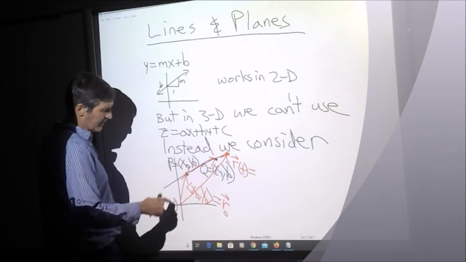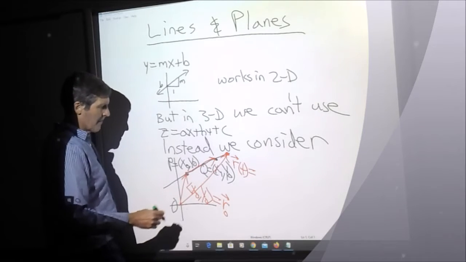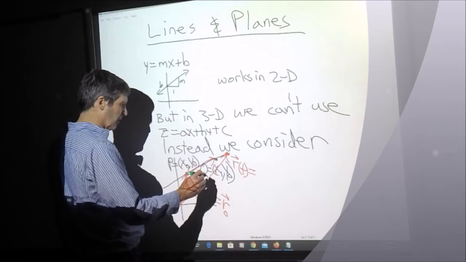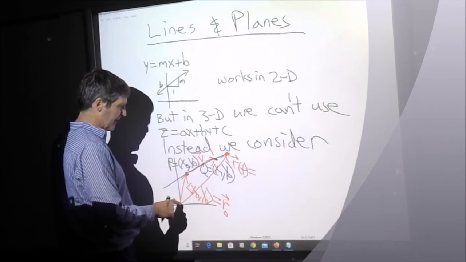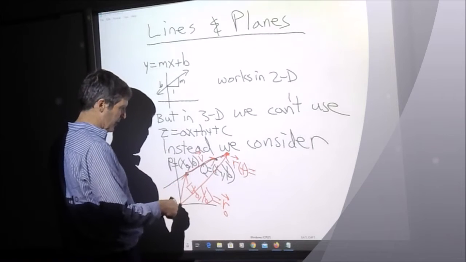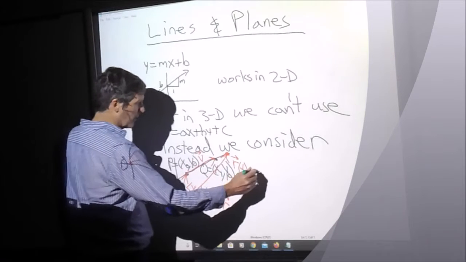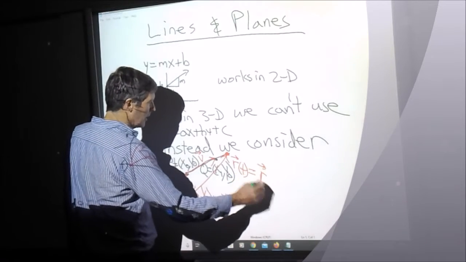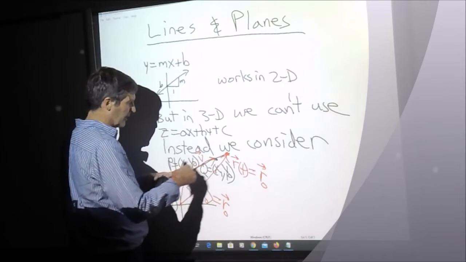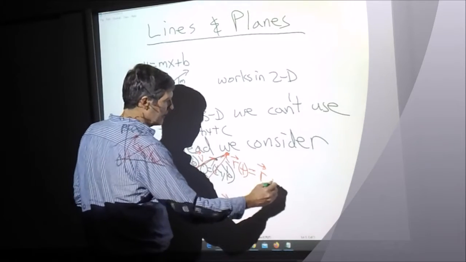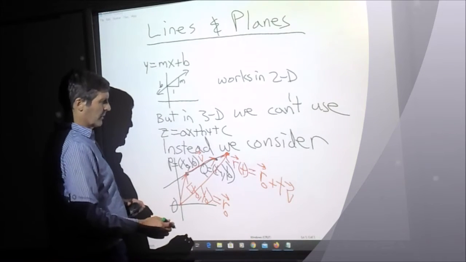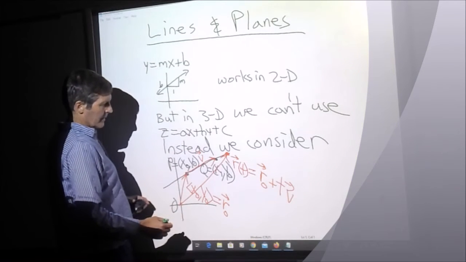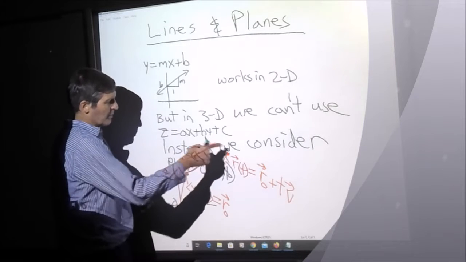I'm sorry, so OP is x0, y0. And then PQ I'm going to call V. And if I want to get to this point, I know there's the vector R0 plus, moving along here, some multiple of V, t, gets me to the point that I want over here, any other point on the line.